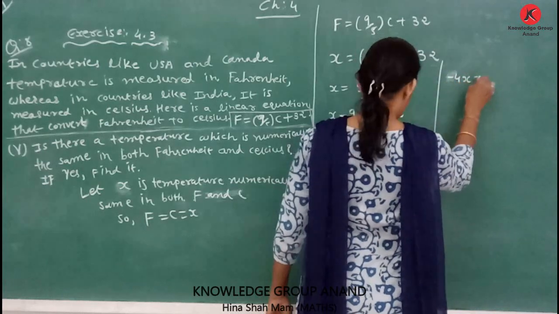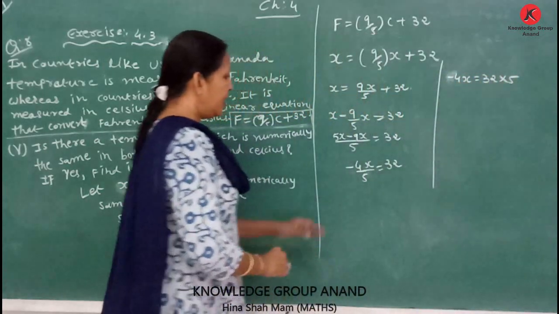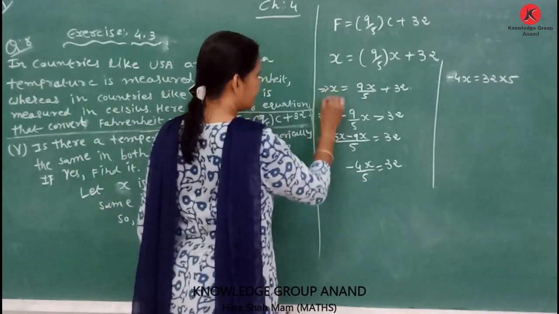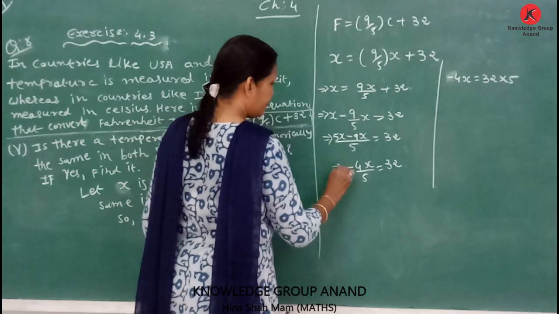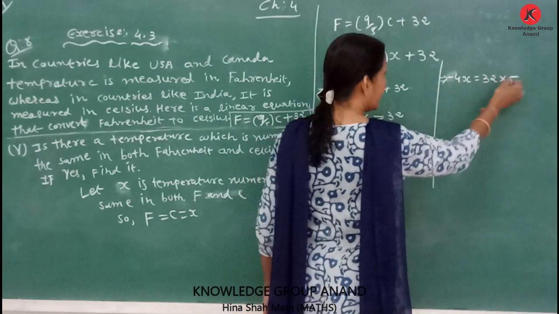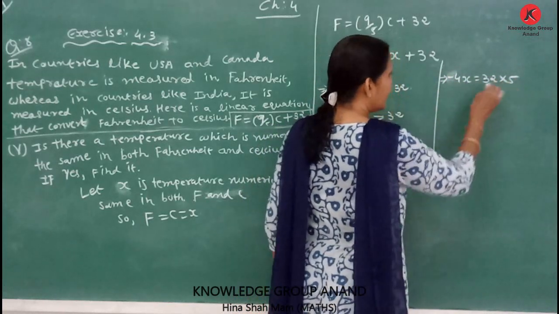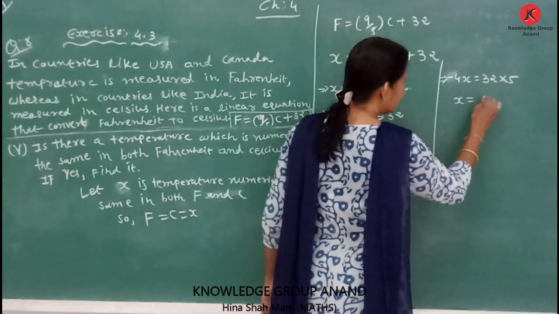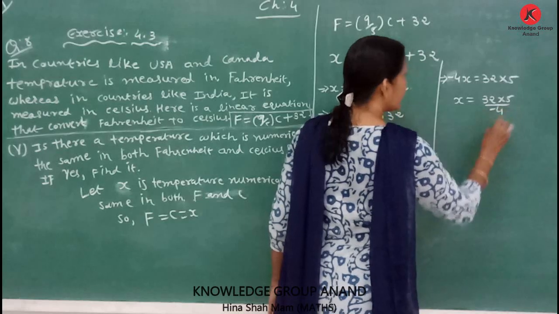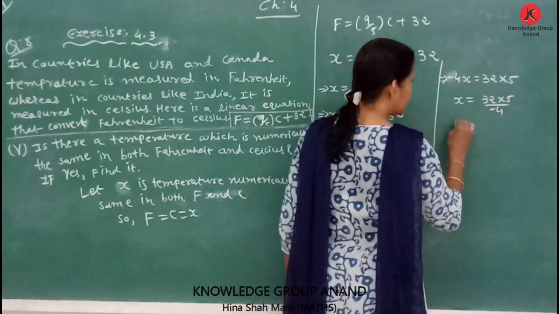Minus 4X is equal to 32 into 5. Here 5 is in division, it goes to multiplication, and 4 is in multiplication, so we write it in division. X is equal to 32 into 5 upon minus 4. The sign becomes minus.